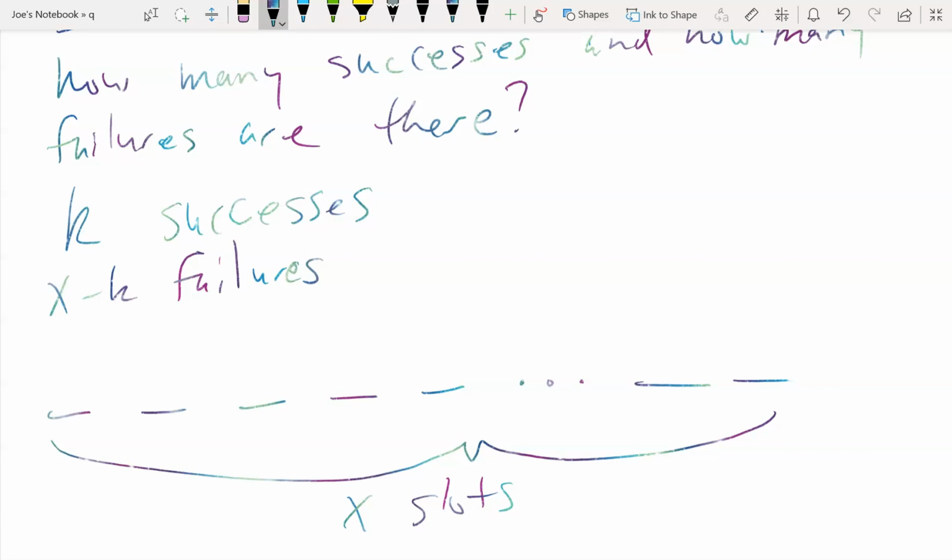Once we hit the kth success, we stop. So what has to be in the last slot? A success, right? It has to be the last success, correct? And we use the probability of success to be p here. The last slot has to be a success. So what goes in the other x minus 1 slots?